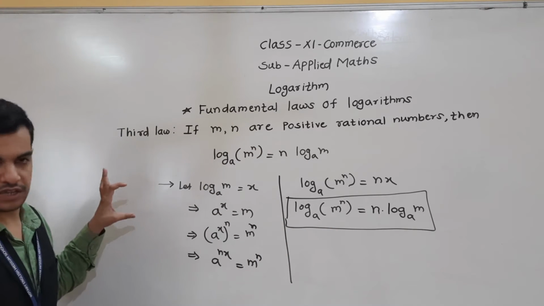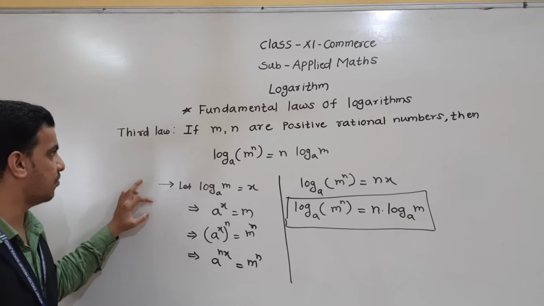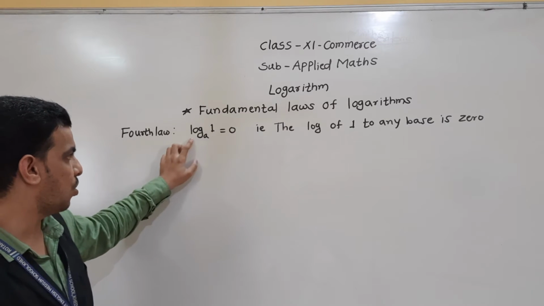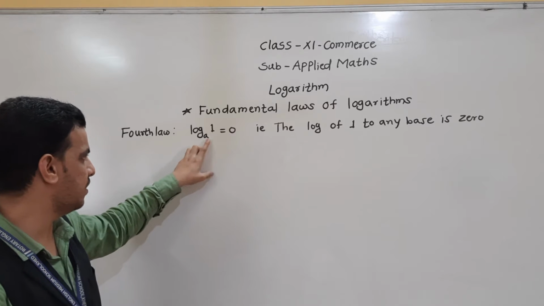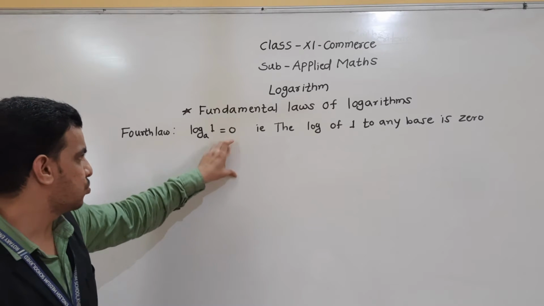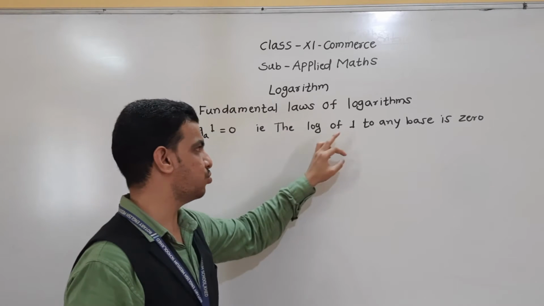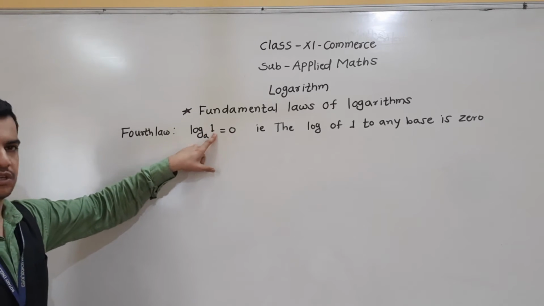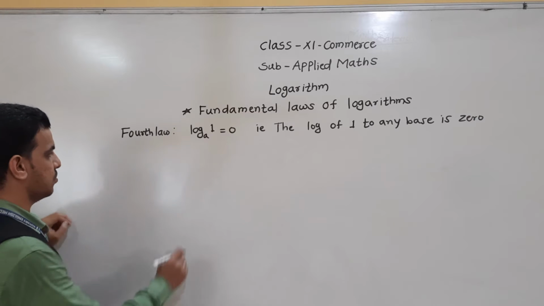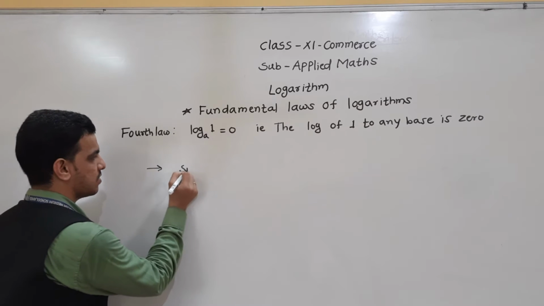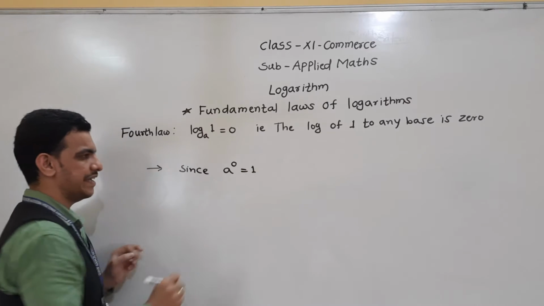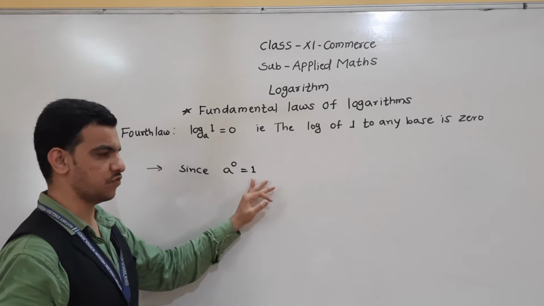These are all our important properties. Now we will take fourth law. Fourth law is log of 1 to the base a is equal to 0. So the log of 1 to any base is 0. How do we prove this? Since a raised to 0 is equal to 1, any number raised to 0 is 1.